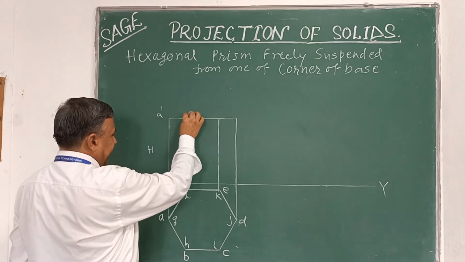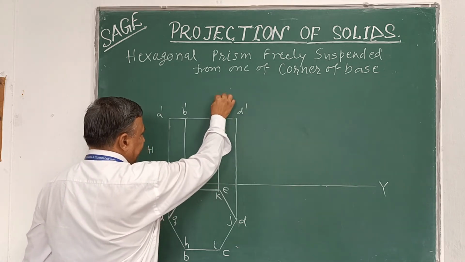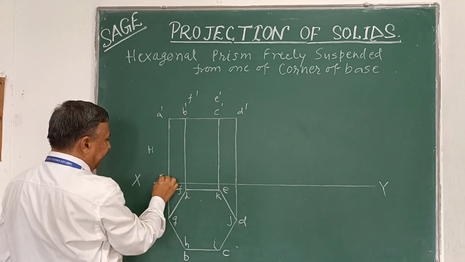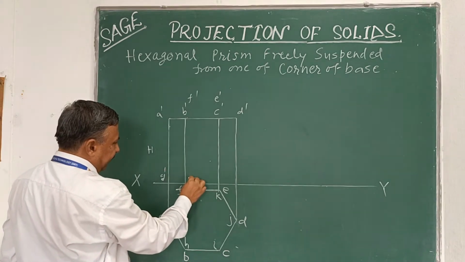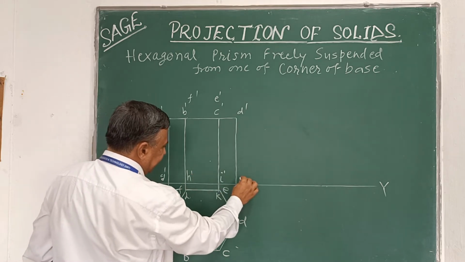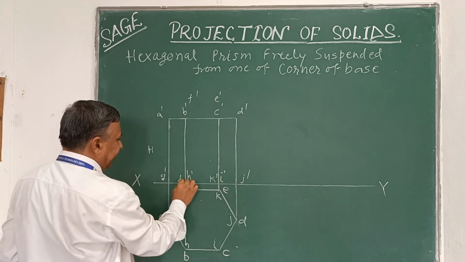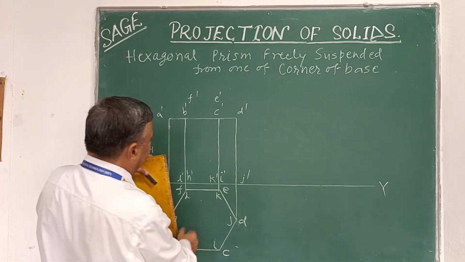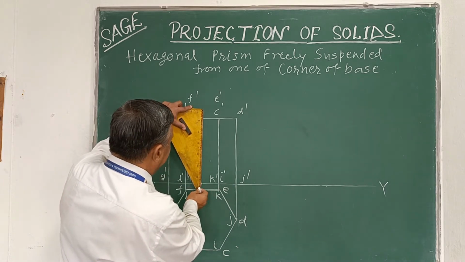This point is A dash, B dash, C dash, D dash, E dash, and F dash. Like this point is G dash, this is H dash, this is I dash, this is J dash, this is K dash, and this is L dash.